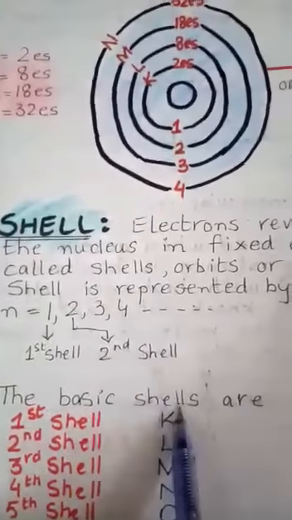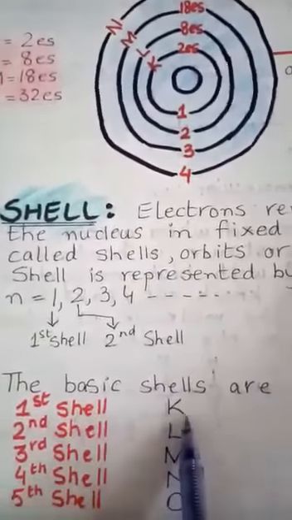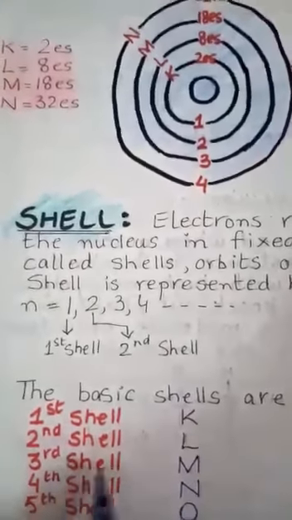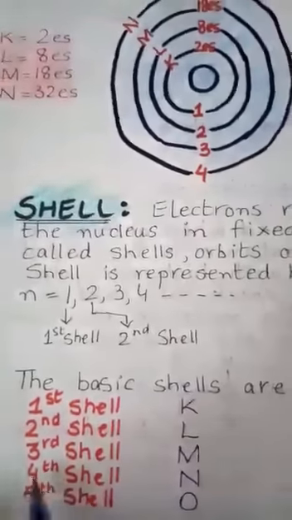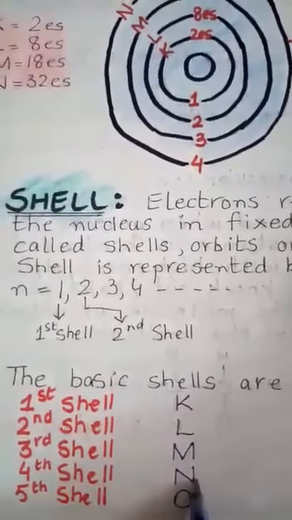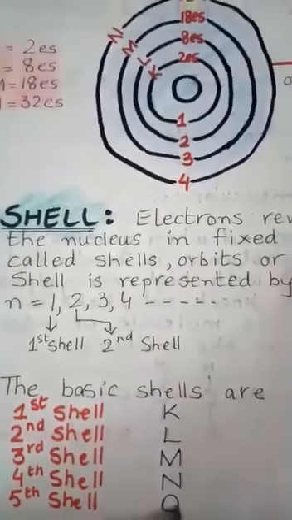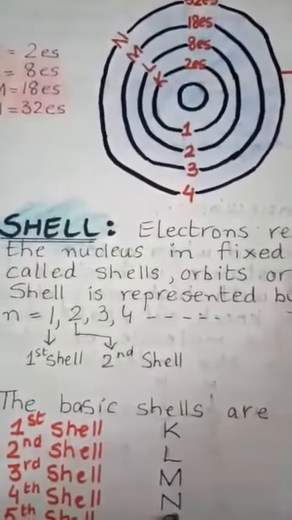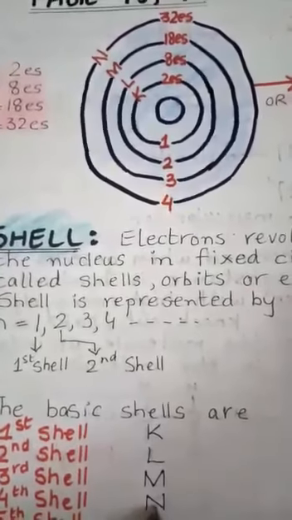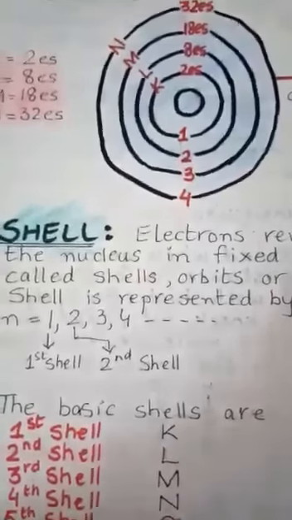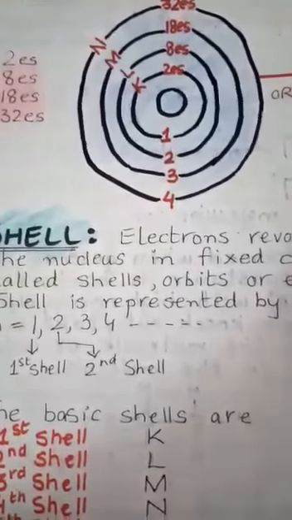Now the basic shells are the first shell, that is K shell, the second shell called L shell, the third shell called M shell, the fourth shell called N shell, and the fifth shell called O shell. Now every shell has a specific number of electrons, and in order to know about the specific number of electrons in a particular shell, let's move on to electronic configuration.